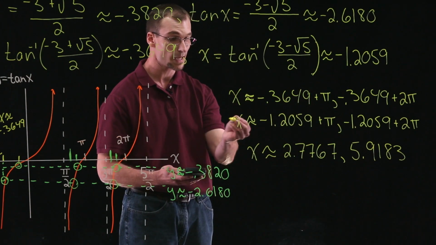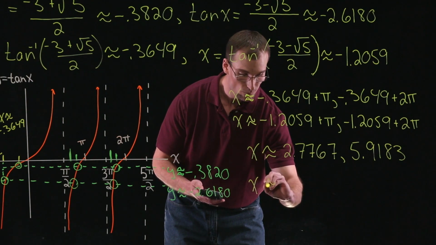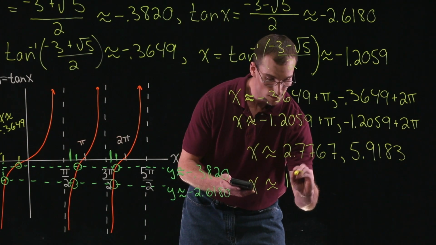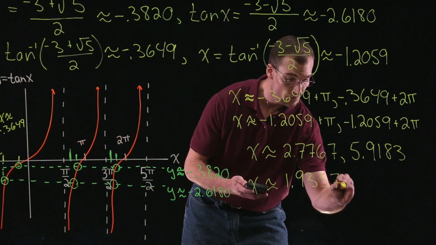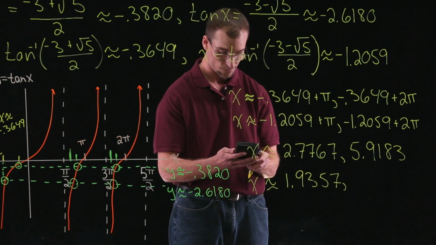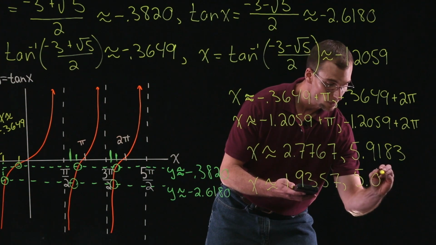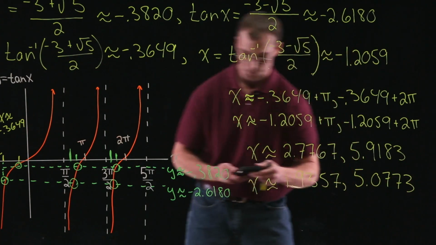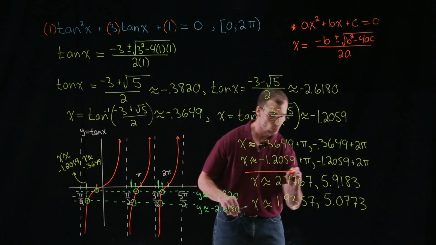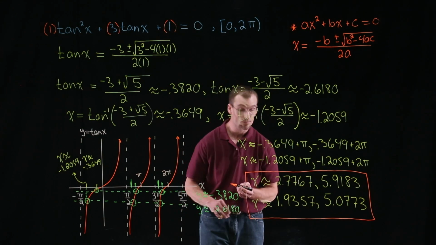And the next set of solutions, taking x negative 1.2059 plus pi, we get 1.9357. And lastly, negative 1.2059 plus 2 pi, we get the value 5.0773. So there are our 4 solutions rounded to 4 decimal places. Thank you very much.